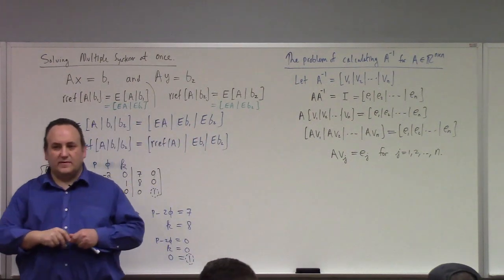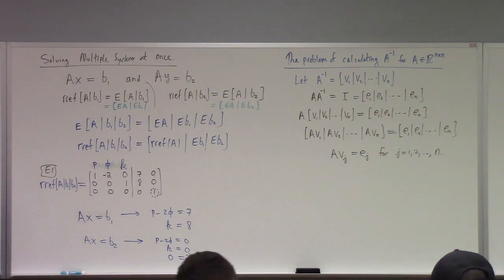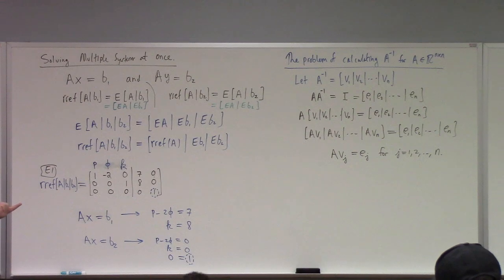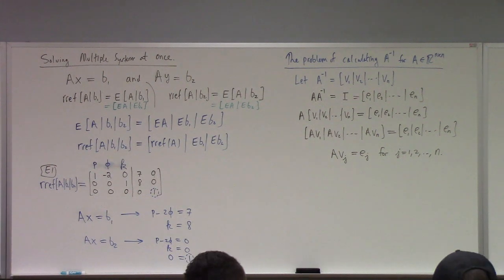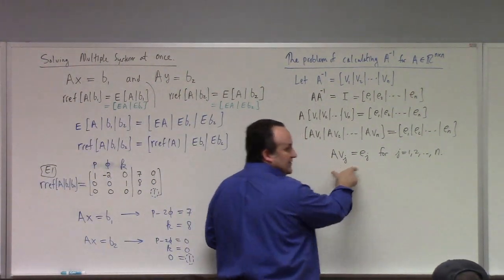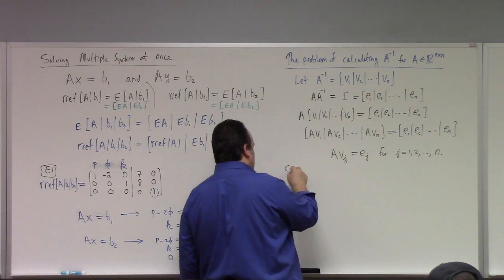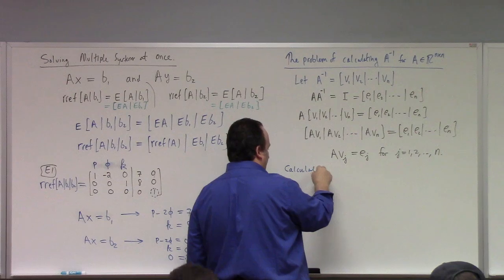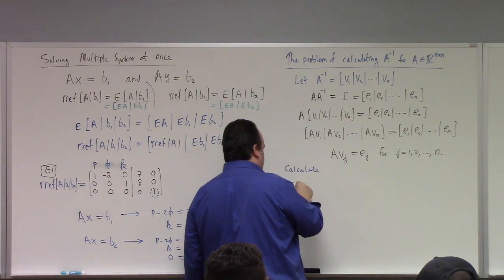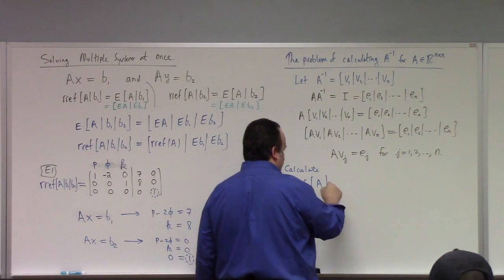But how do you solve a bunch of equations all at once that all have the same coefficient matrix? Well, we know how. We just learned in example 1 and this discussion. I did it for 2, but you can do it for n just the same. So all we have to do is calculate the reduced row echelon form of A with what?